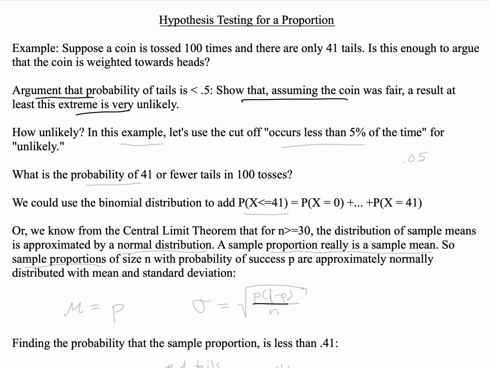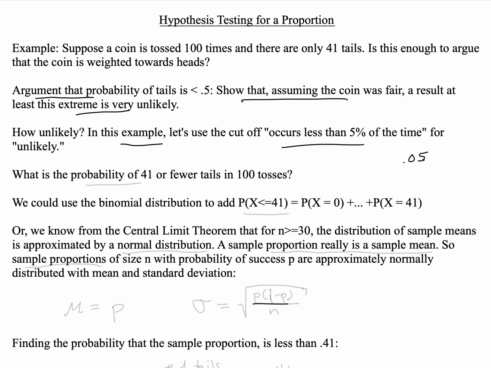So what cutoff point should we use for how unlikely something is? That will depend on the scenario. But in this example, let's use the cutoff of less than 5% of the time, or a cutoff of 0.05. So if our probability of a result at least this extreme ends up being less than 0.05, then that's enough to say that we really believe this coin is unfair.